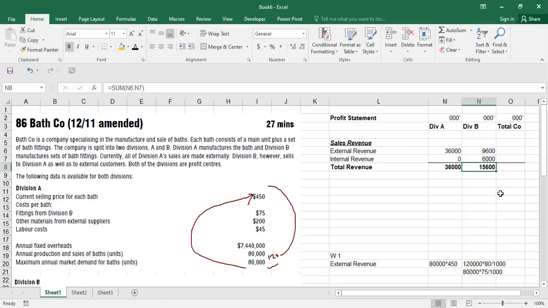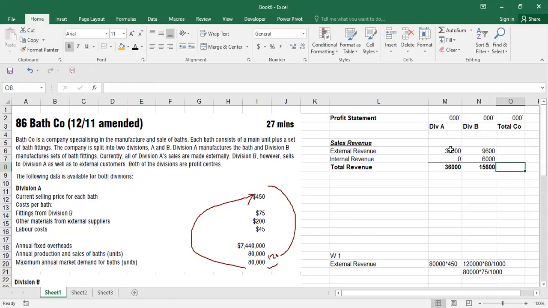Now, when you make a total, you should be paying attention to how to make the total. Remember, within the group, the intra-group transfers you cannot add. If I make a total of these two, it will become 51,600, which will be wrong, because there are some intra-group sales, and those we should subtract.